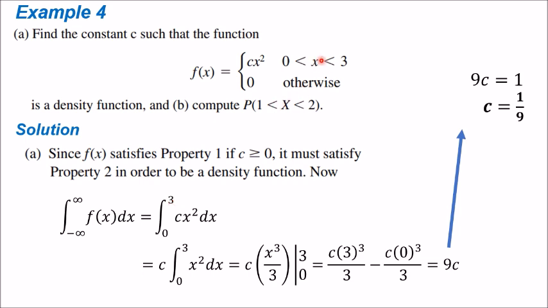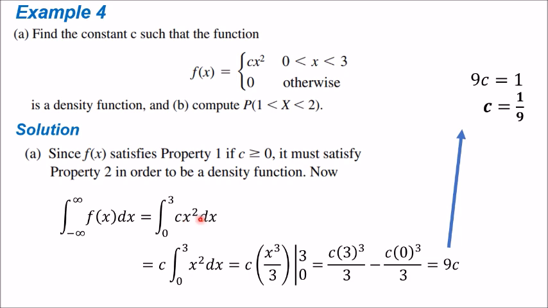Because that is the only range here: x is between 0 and 3. Otherwise, it is 0, so there is no need to indicate the parts from negative infinity to 0, since that is also 0, or from 3 to positive infinity, since that is also 0. We only take exactly what is here, because this is the function when x is between 0 and 3.